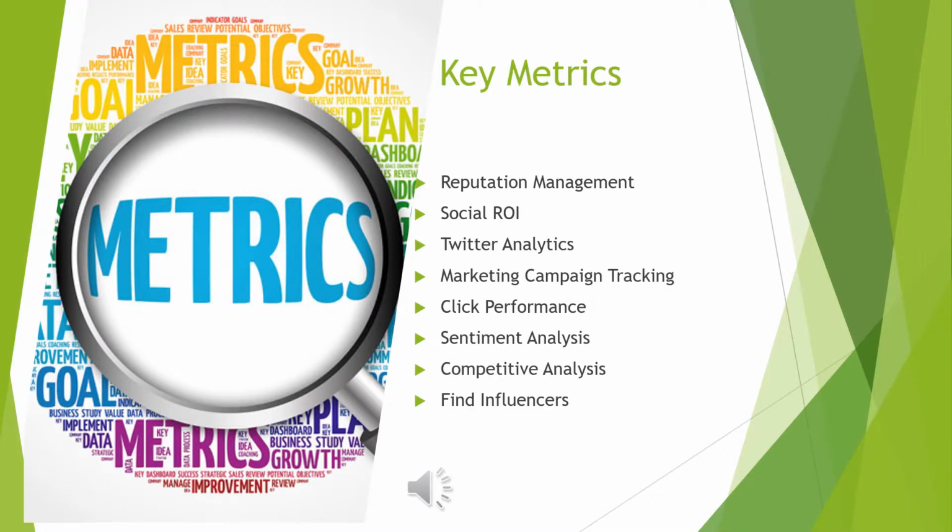I found this to be a fun image to go with the key metrics. As you can read, there's this list that is provided of what Actionly does. But I found this image to actually be really relevant. As you see in these smaller things, it says things like dashboard, data, improvement, growth, goal.